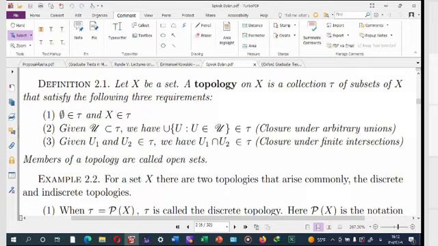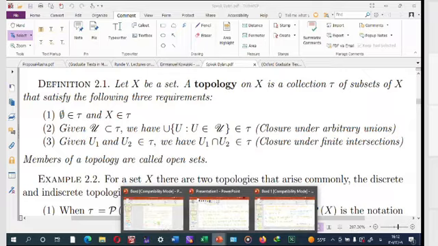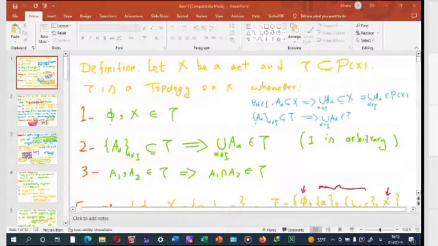And 3. Given two elements in tau, their intersection must belong to tau. Closure under finite intersection. I write these three conditions again for you in other words.